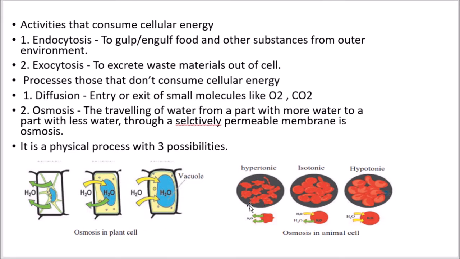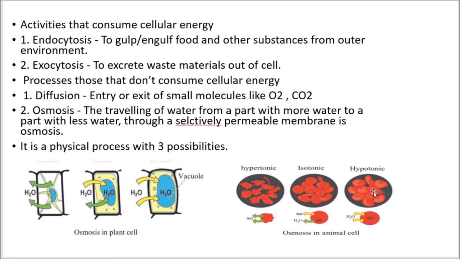Same here in the animal cell, osmosis is carried out with the blood cell. Here three conditions are there. If the water is traveling outside, then it is the hypertonic condition. If there is medium or equal water on both the outer and inner side of the cell, this condition is called isotonic solution.